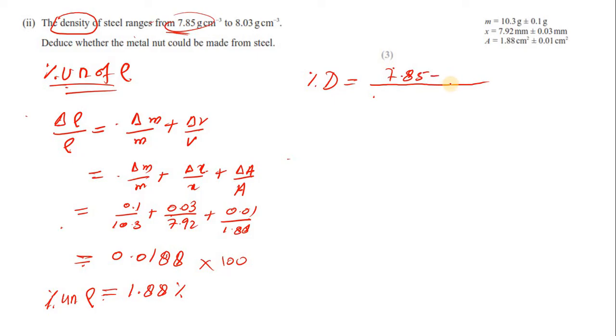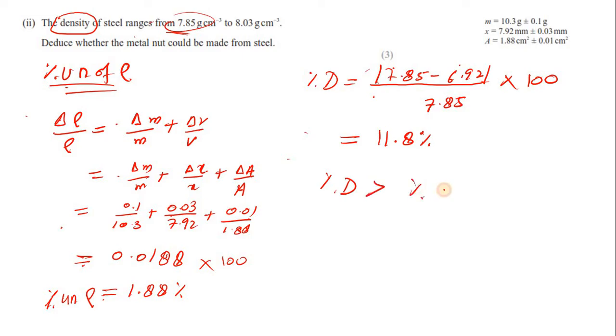The calculated density on the previous page was 6.92. I've used absolute value here, and divided by the standard value 7.85 times 100. Once you do your calculation, the percentage difference will be 11.8%. So percentage difference is greater than percentage uncertainty of the density.